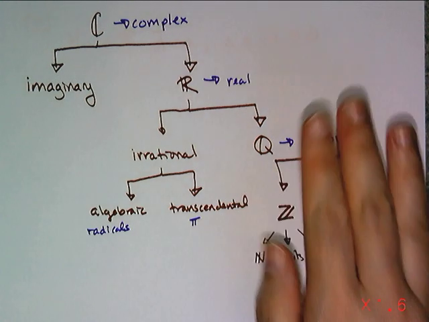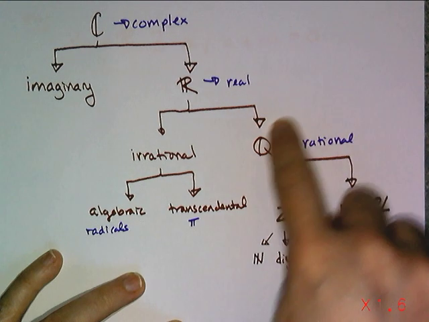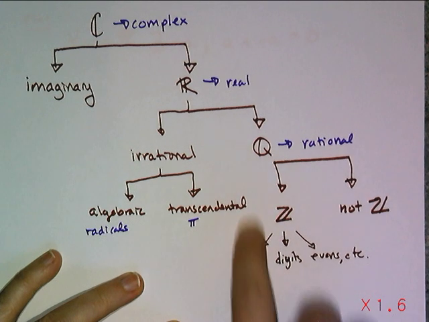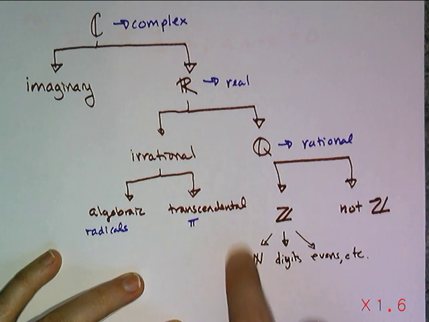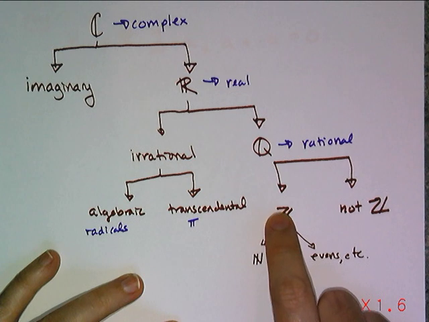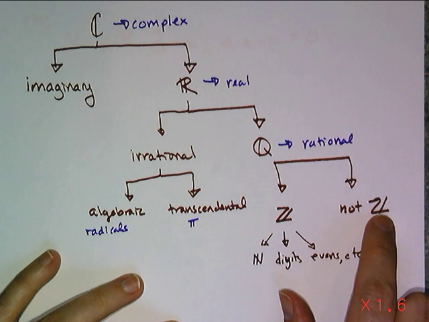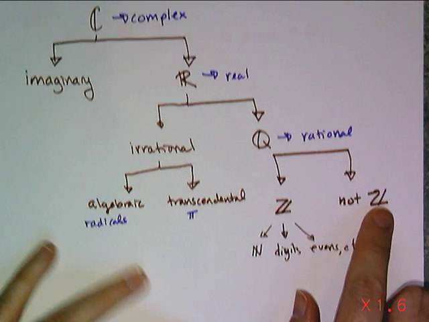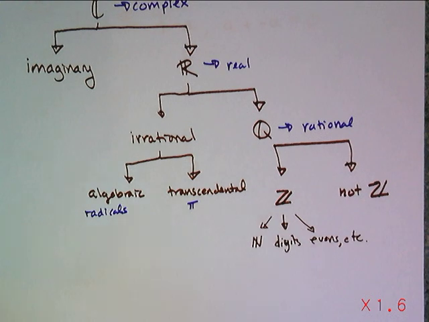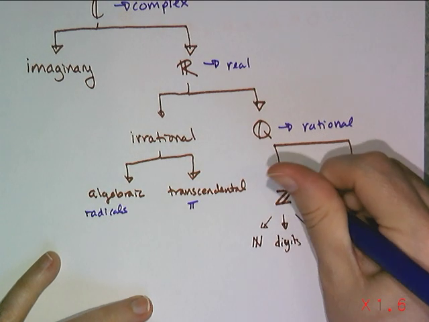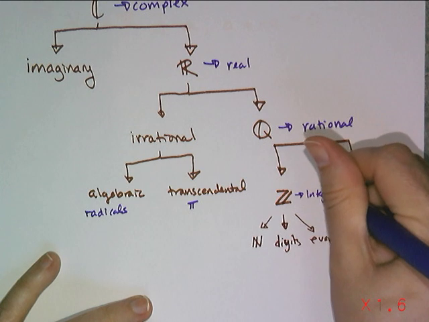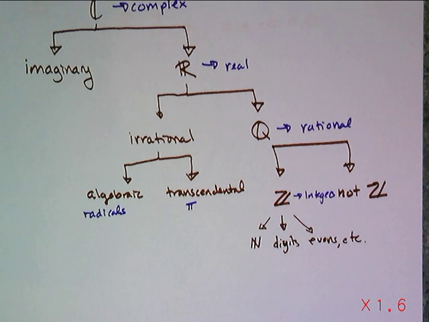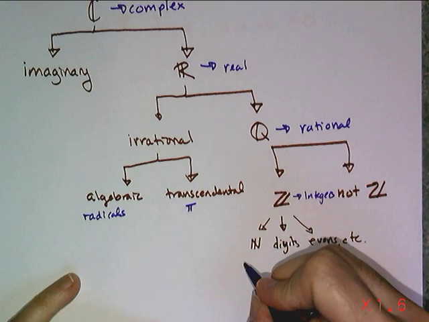Now going back to the rational numbers, this set here is like the middle school set of numbers, the ones you deal with in like 6th grade, 5th grade, and below. And we have integers and not integers. Of course, these are like fractions, like a half, a third, a fifth, whatever. And then integers, if you didn't know that, Z means integers. And of course, inside the integers, we have the natural numbers.